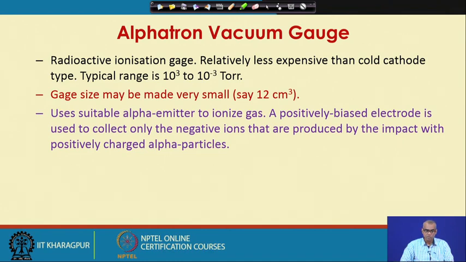So, we use a suitable alpha emitter to emit alpha particles which will collide with the gas molecules and will produce negative ions. A positively biased electrode is used to collect the negative ions which are produced by the impact with the positively charged alpha particles, and this current will be a measure of the vacuum.